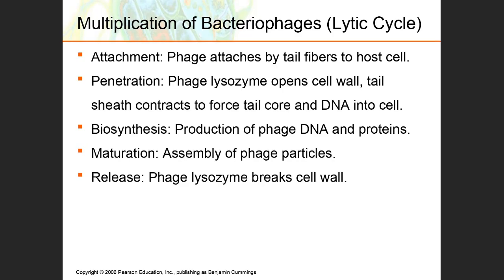And the fancy word for virus particle is virion. So virion just means a virus particle. Up to 200 new virions get produced from a single bacterial cell.